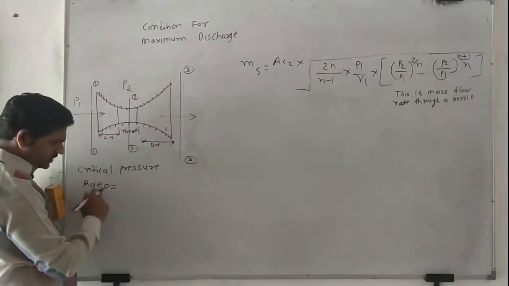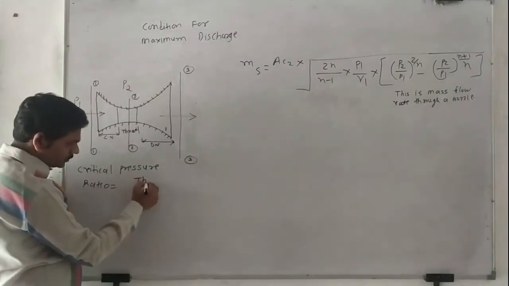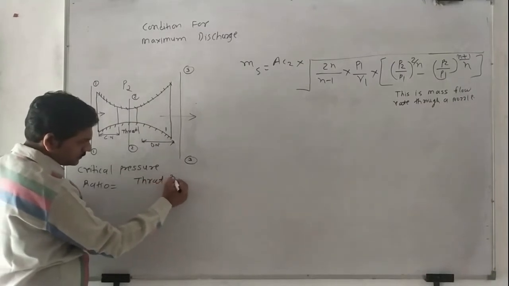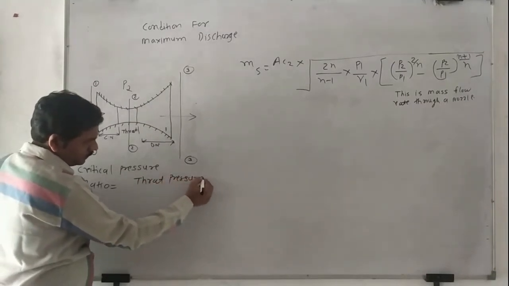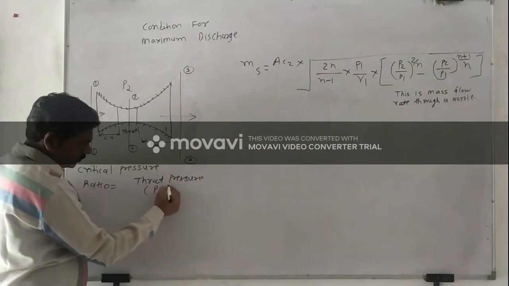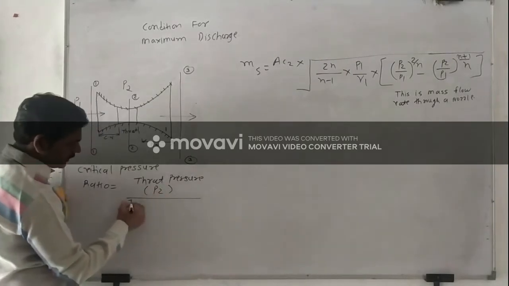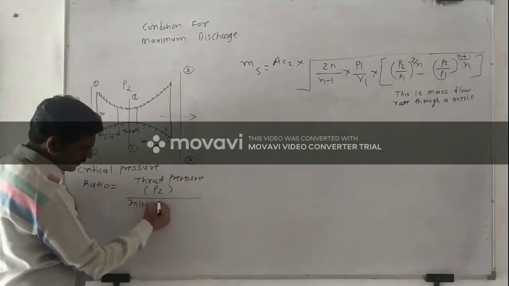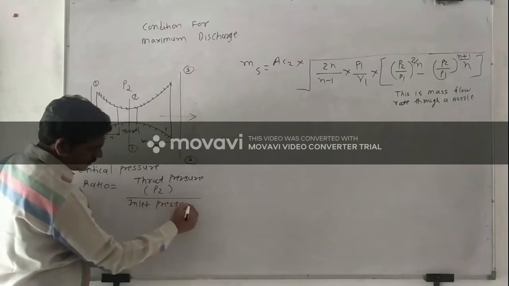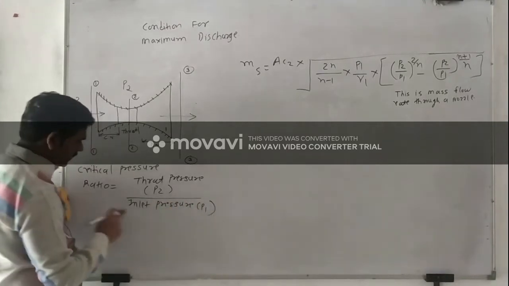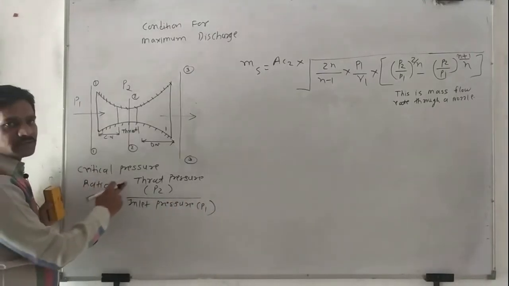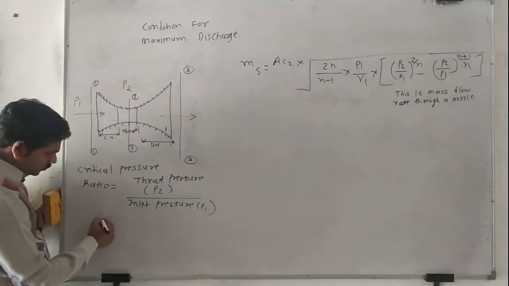The critical pressure ratio is defined as the ratio of the throat pressure, denoted by P2, to the inlet pressure P1. That is called the critical pressure ratio of a nozzle.